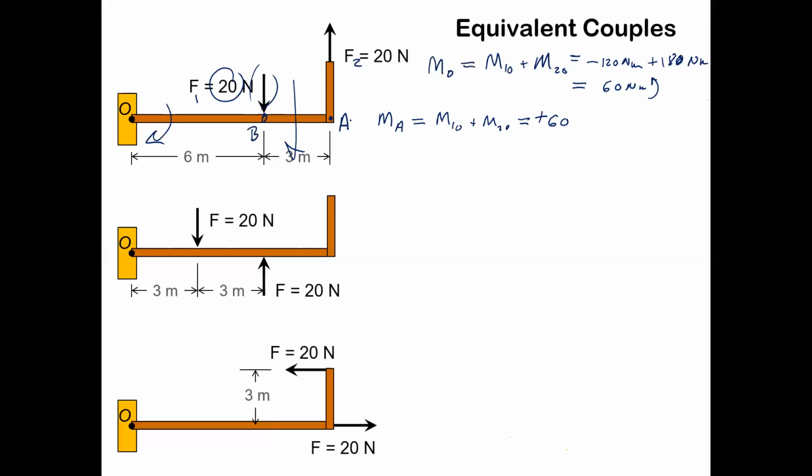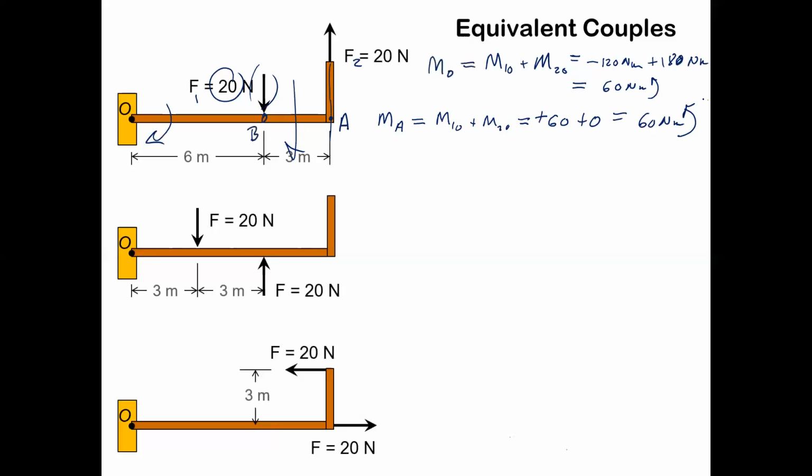Because it's radiating straight out of A, right? The perpendicular distance between this force and A is 0. There's no moment arm, right? So it's 0. So the net there is 60 Newton meters going counterclockwise at A as well.